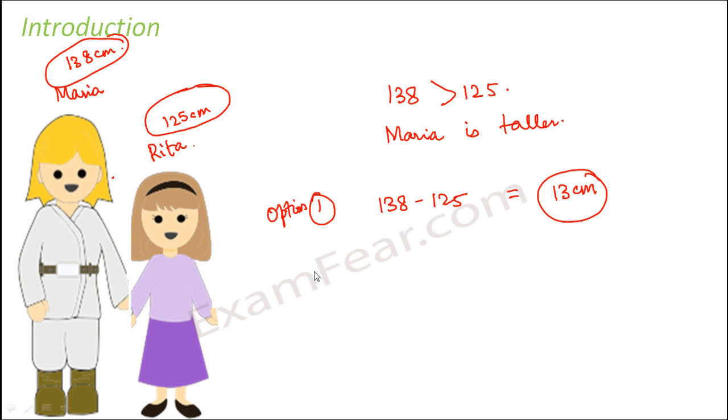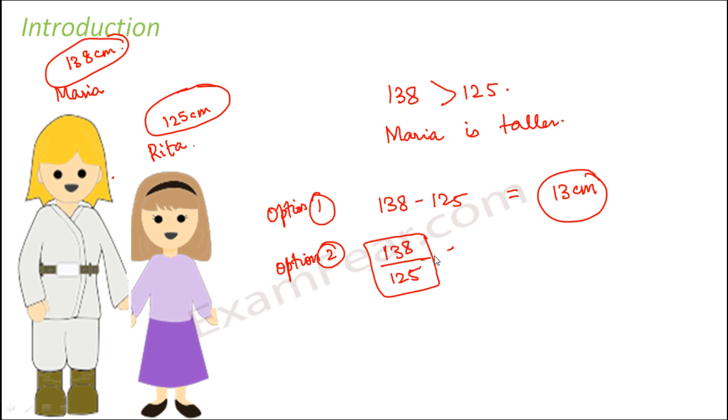Now there could be another option where you find out the ratio of Maria's height to Rita's height. So you find out Maria's height divided by Rita's height, and you say that Maria is 138 by 125 times taller than Rita.